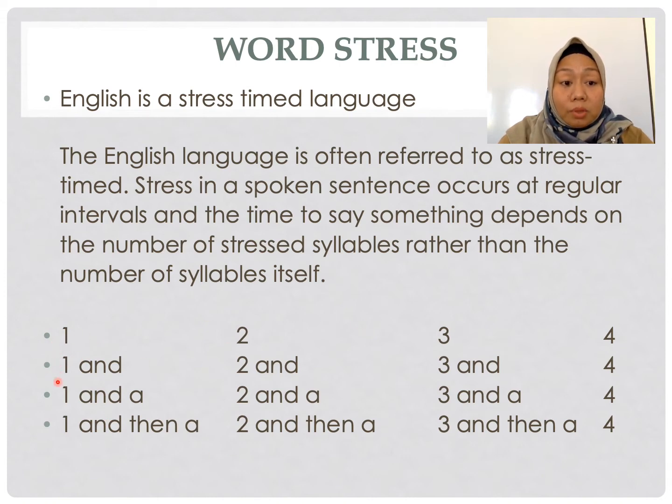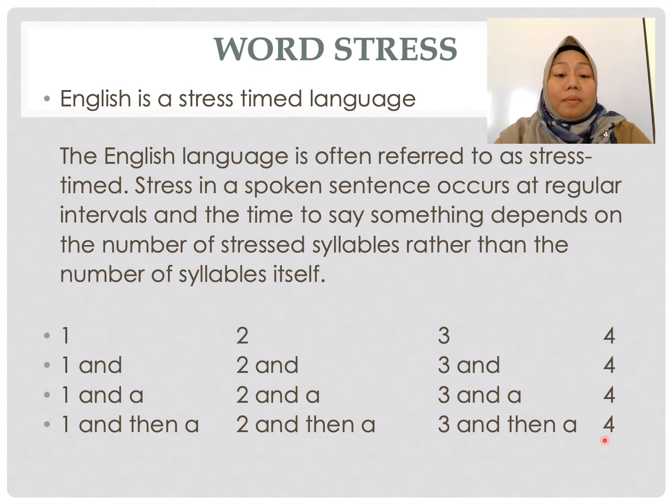Number 1 and number 2 and number 3 and number 4 are basically the same in English because the number of stressed syllables is the same. 1, 2, 3, 4. That is the number of the stressed syllables.